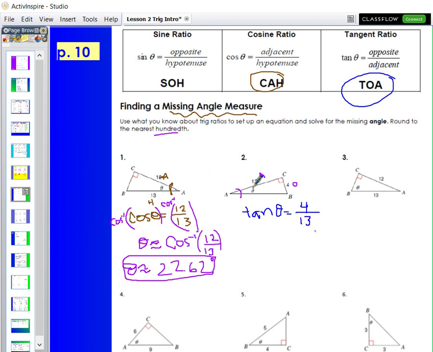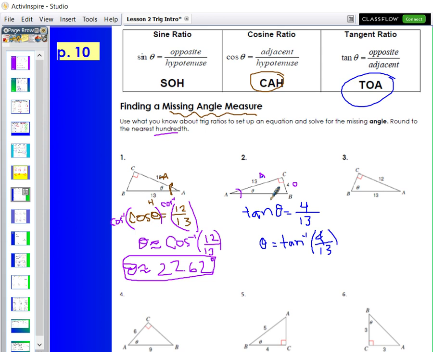Okay, I'm going to do the inverse tangent of both sides. When I do, theta frees itself from tangent, and I do inverse tangent with this -1. It's not really an exponent, but it kind of is up where the exponent lives.